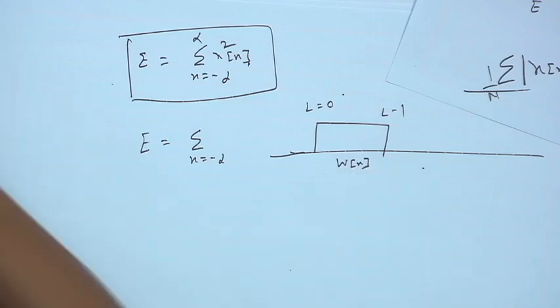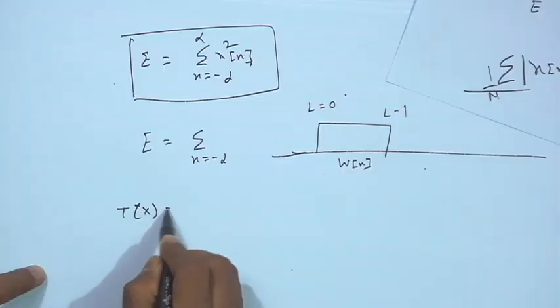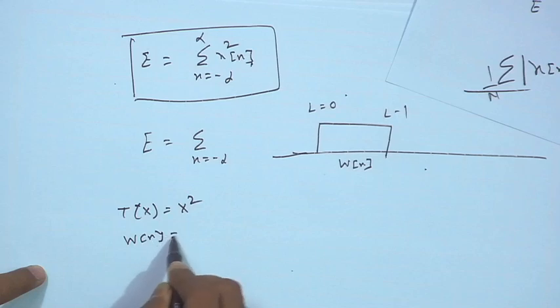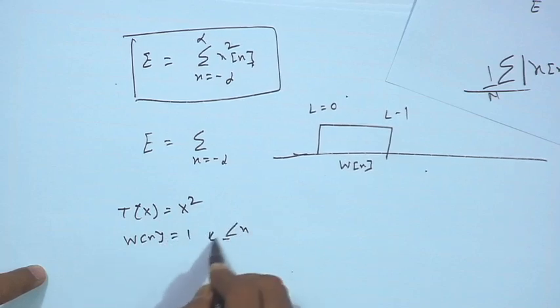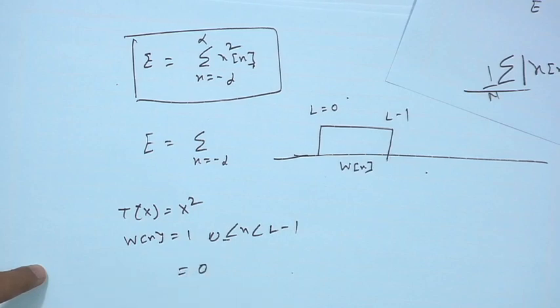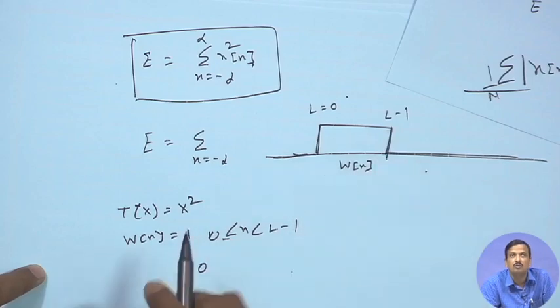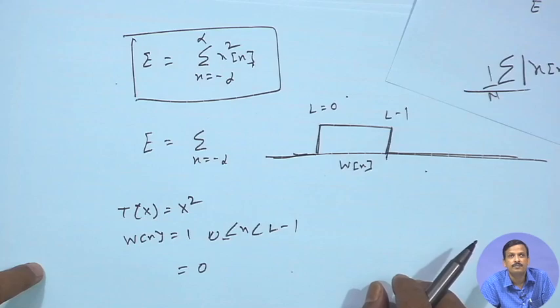So, I can say short time energy in the vicinity of n is the sum of x square times w of n, where w of n is equal to 1 if n is from 0 to L minus 1, else it is 0. So, I cut a window from the long signal and take the energy. Okay.